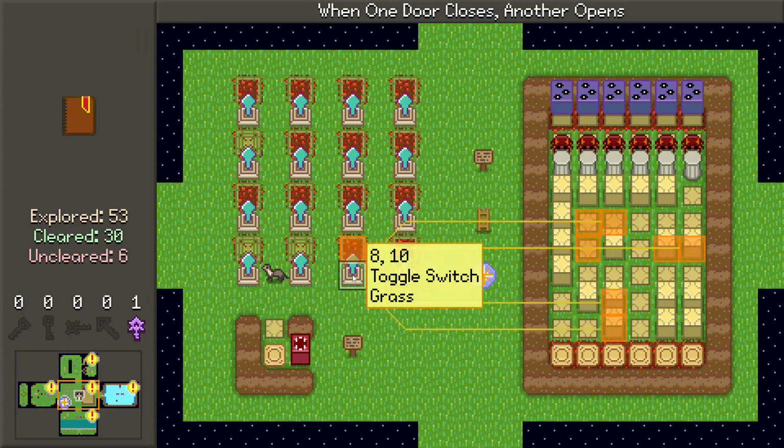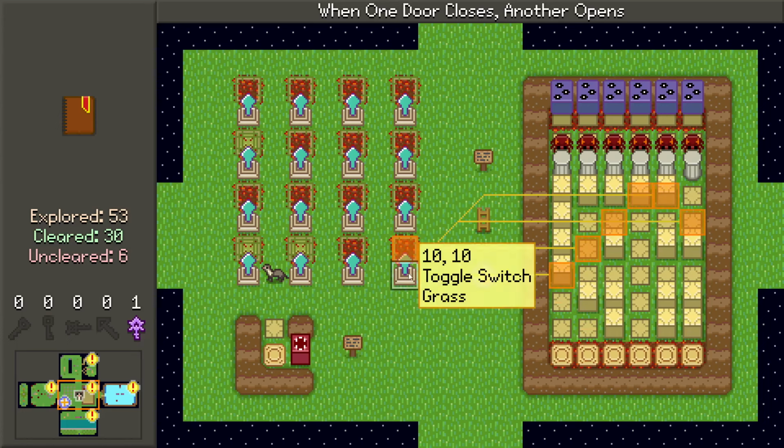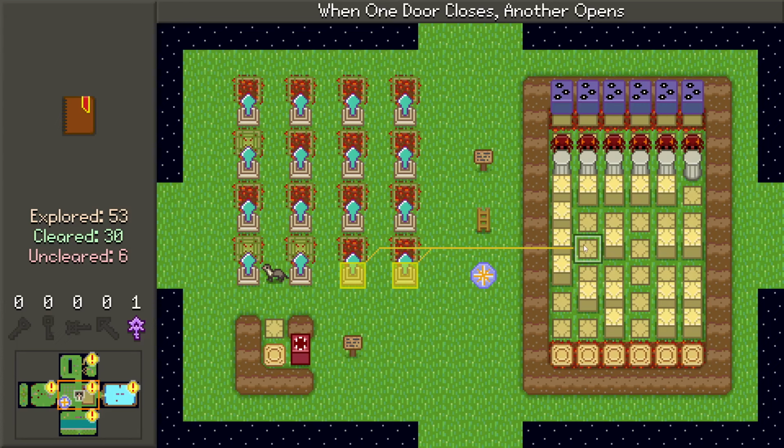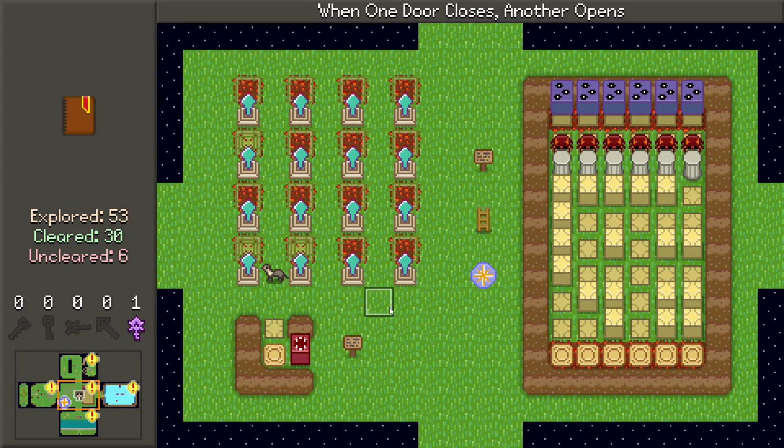Okay, do I know anything more about 8-10? Yes, it must not equal 10-10. Do I know it must not equal 10-10? Because of this specifically, yes. 8-10 must not equal 10-10.